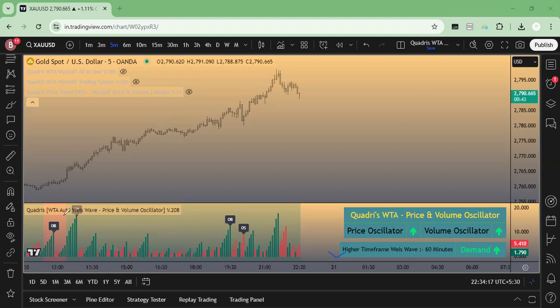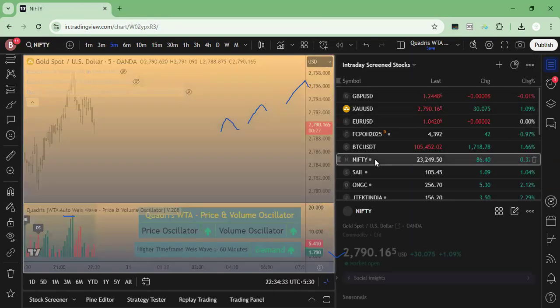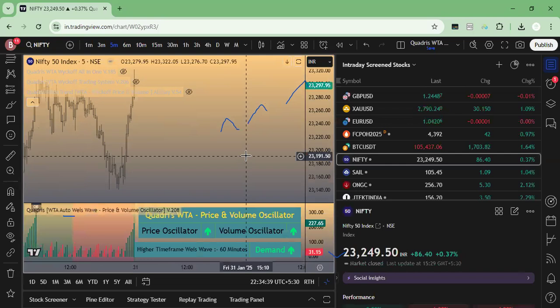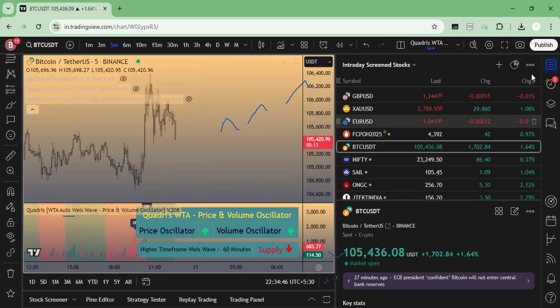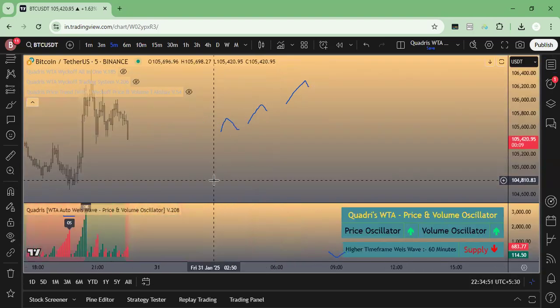First thing, this is an auto Weiss wave. You don't have to sit and do adjustments based on the instrument, whether you're using XAUUSD or BTC USD, USDT. You don't have to do any adjustment in this one.